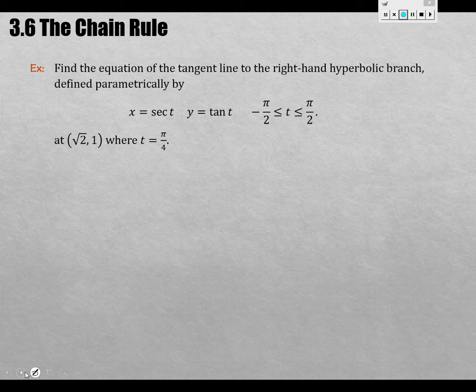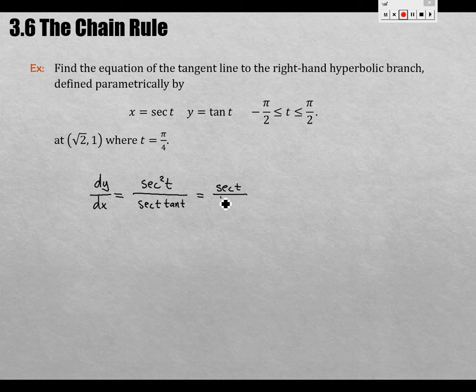Yeah, eventually you're going to plug in pi over 4, so if you want to simplify it, that might make the work easier. Yeah, 2 over 2. Divided by 1. That's what tangent of pi over 4 is. It's just 2 over 2.